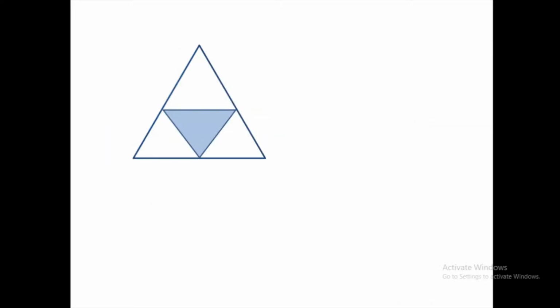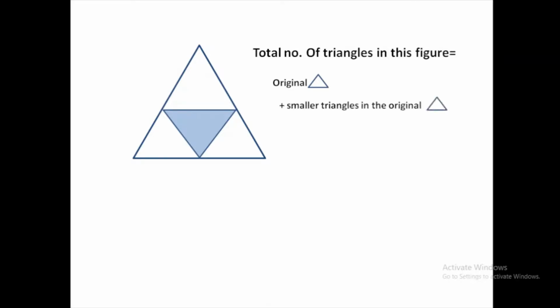Now let's go to type 4. In this type, we'll find different number of triangles embedded within the original one. So the total number of triangles in this figure is the original one, which is the transparent one, plus the smaller triangles in the original triangle, that is 1, 2 and 3 smaller triangles in the original triangle, plus the number of embedded triangles.